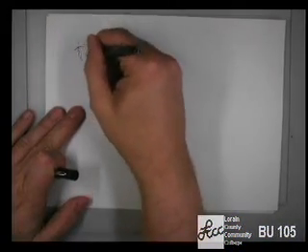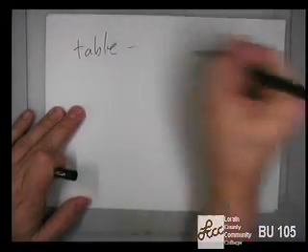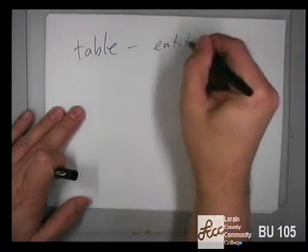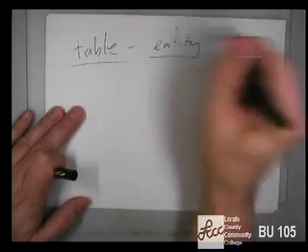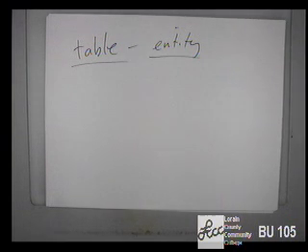So, let's define a few terms. And as I mention these terms, I'll mention maybe some commonly used synonyms that are used for them. All right? First term is table. Again, I already said a sort of a synonym for that is entity.